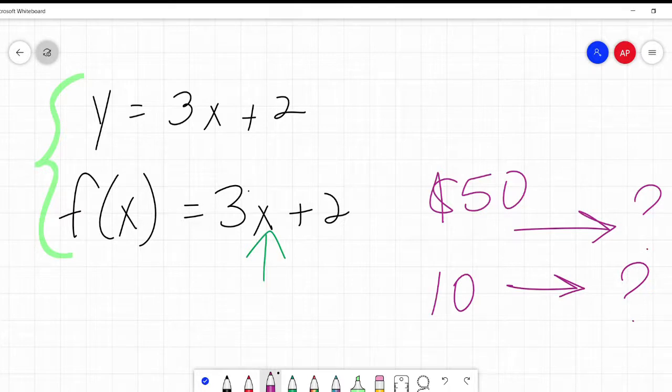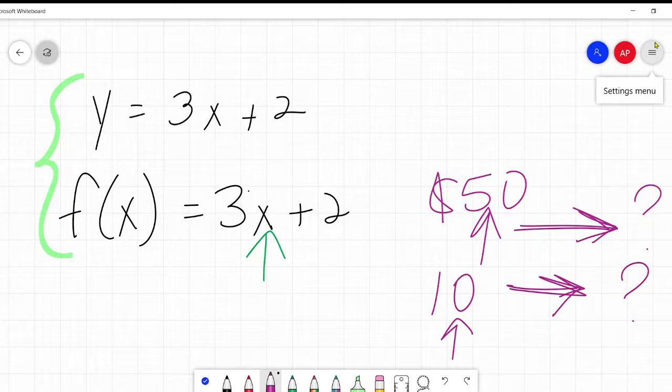If I put in 10 hours, what comes out? If I put in $50, what comes out? So that's the idea of a function. I'm putting something in, this input, and what comes out? You'll also hear this as independent and dependent variables. The independent is whatever I'm picking to stick in, and then what comes out is dependent on what you stick in.